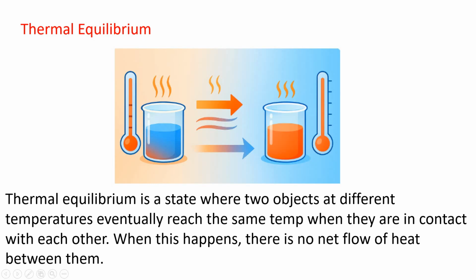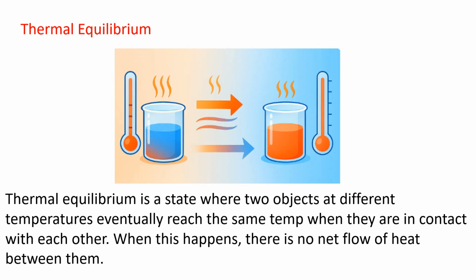Before coming to the zeroth law of thermodynamics, we should understand thermal equilibrium. If I want to explain the very specific definition of thermal equilibrium, it will be like this. There are two objects or two systems. Their temperature is different and they are in contact with each other.